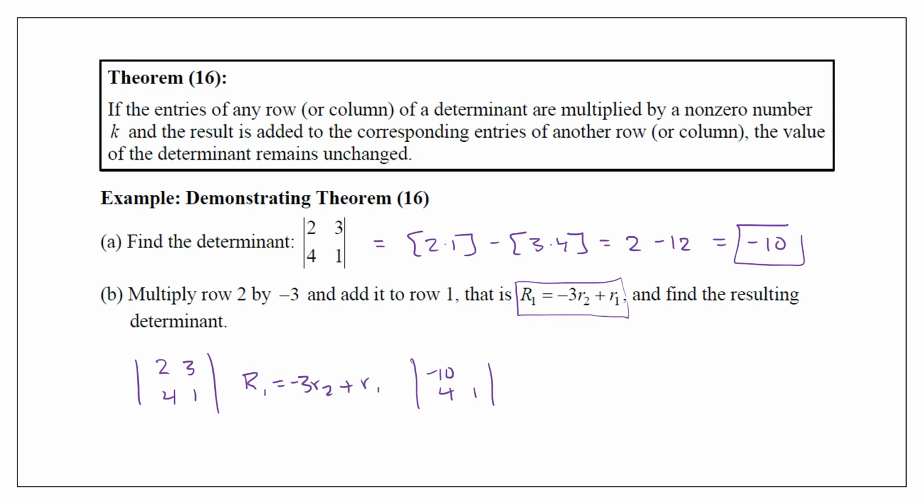Negative 3 times 1 plus 3 is 0. So this will equal negative 10 times 1 minus 4 times 0, which equals negative 10 minus 0, which equals negative 10. Alrighty. And that concludes all of the properties for determinants. And it also concludes section 6.3.